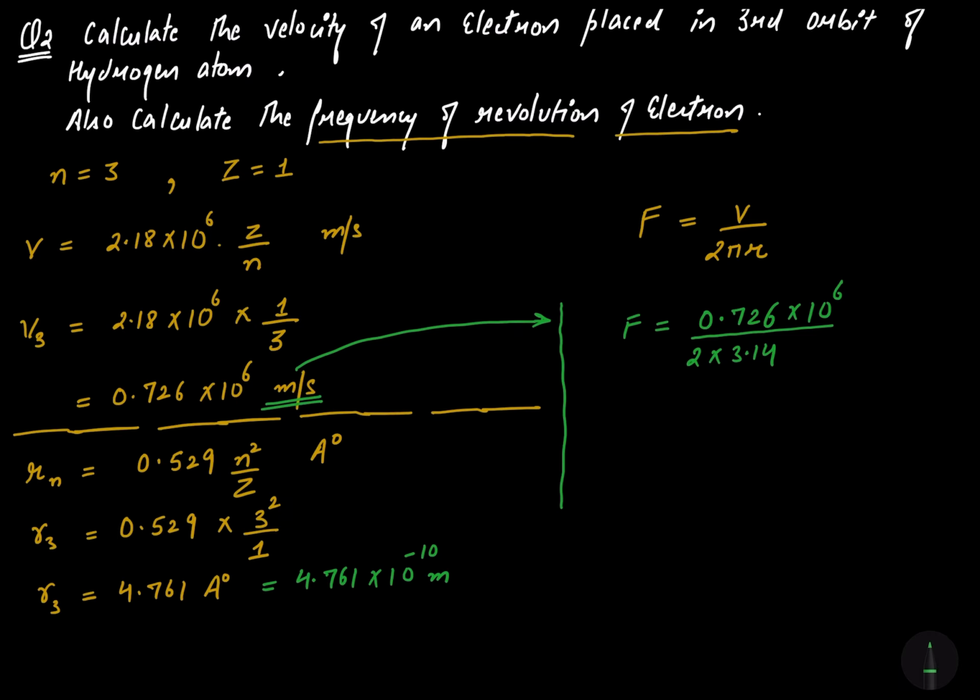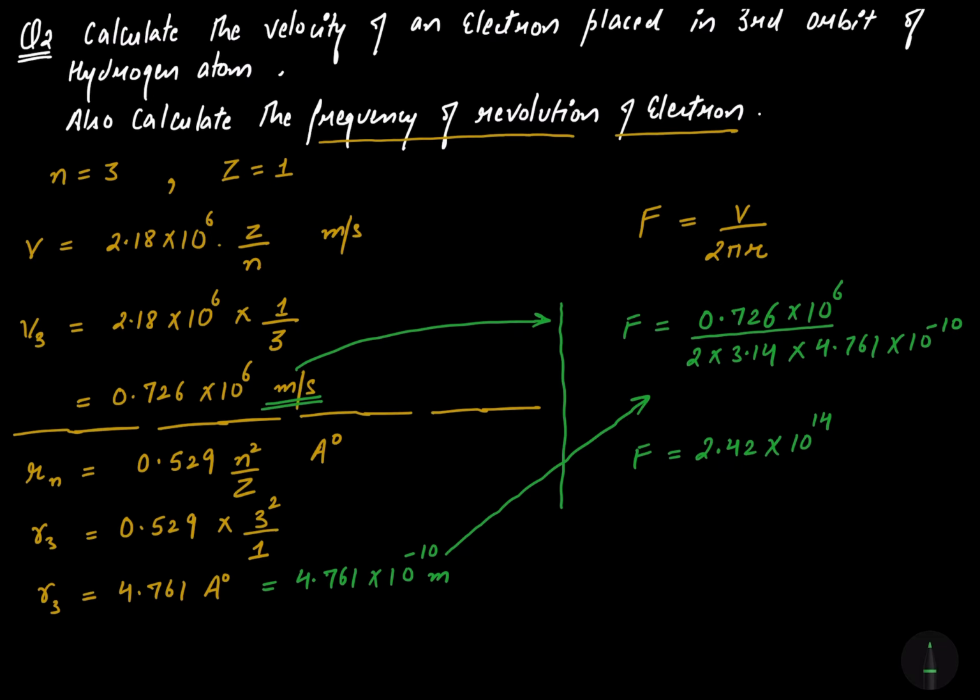Now let's substitute the value of radius, which is 4.761 into 10 raised to power minus 10. So the frequency, the number of revolutions per second, comes out to be 2.42 into 10 raised to the power 14.